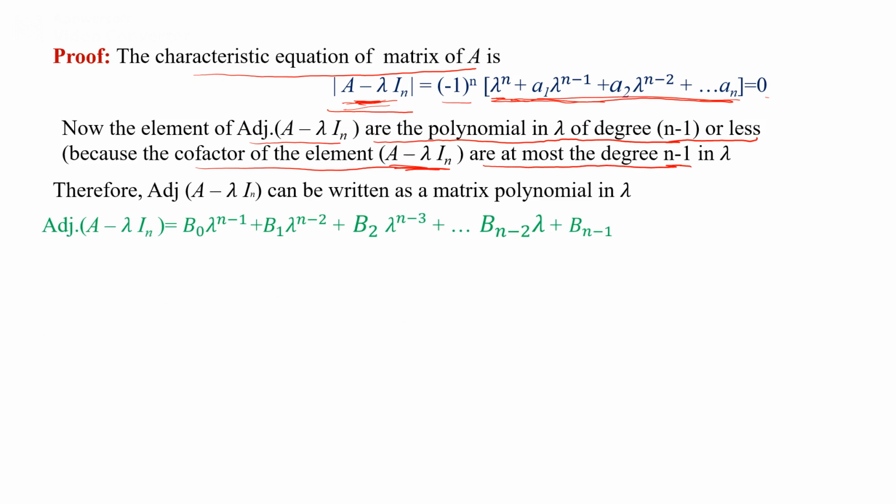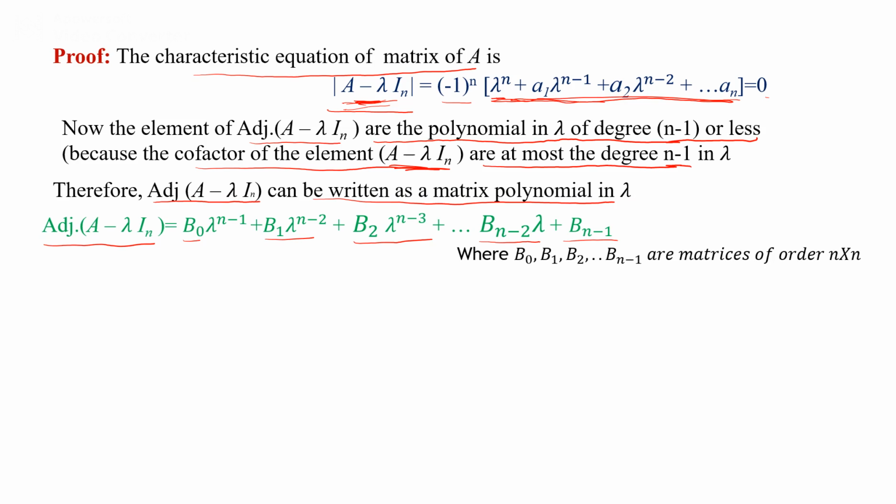Therefore we can write the adjoint of A minus lambda I_n as a matrix polynomial in lambda: b0 lambda^(n-1) plus b1 lambda^(n-2), b2 lambda^(n-3), and so on, b(n-2) lambda, and the last one is a constant.